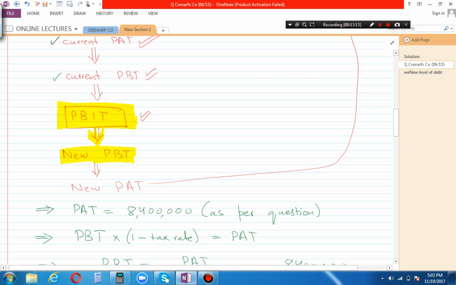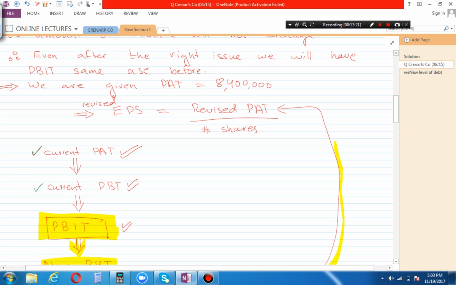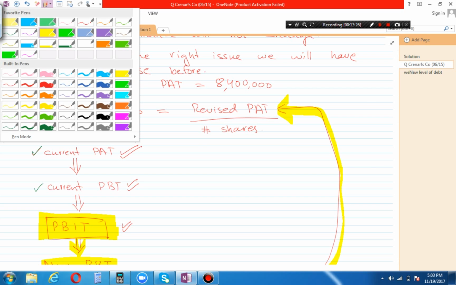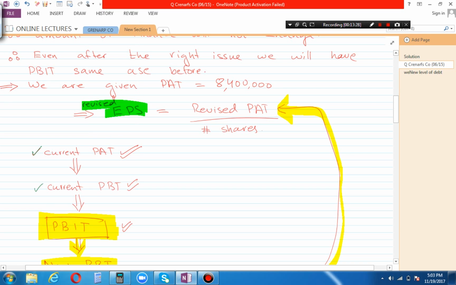And once you have new profit before tax, you can calculate new profit after tax. And once you have new profit after tax, you can calculate your revised EPS, which would be the revised profit after tax that you just calculated, divided by the number of shares.